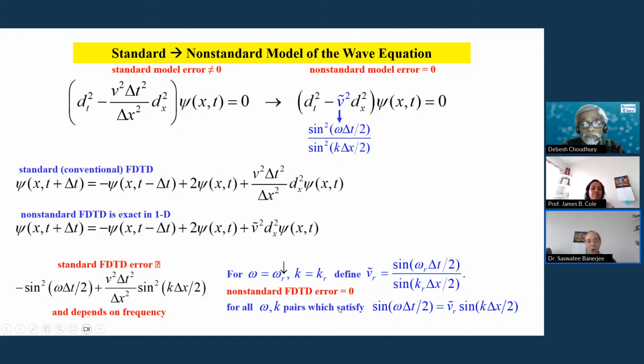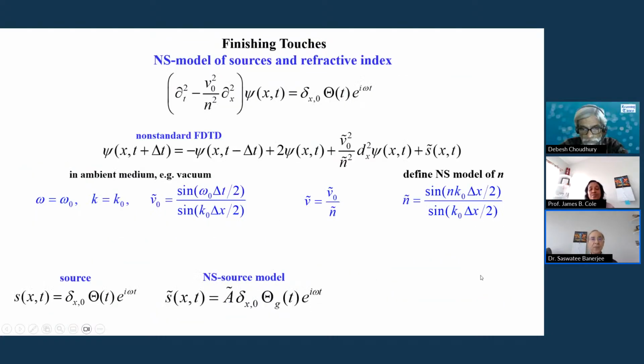And furthermore, for all frequencies omega, that is the angular frequency, and wave numbers which satisfy this relationship, the error vanishes. All right, now I'm not going to get into this here, and I won't derive it, but if you have a source that produces the light in your calculation, you need to adjust the amplitude and the index of refraction.